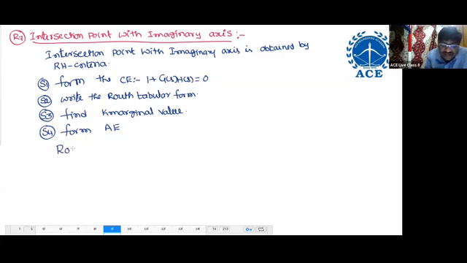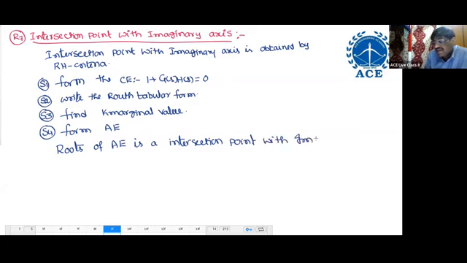Roots of the auxiliary equation (AE) are the intersection points with the imaginary axis.